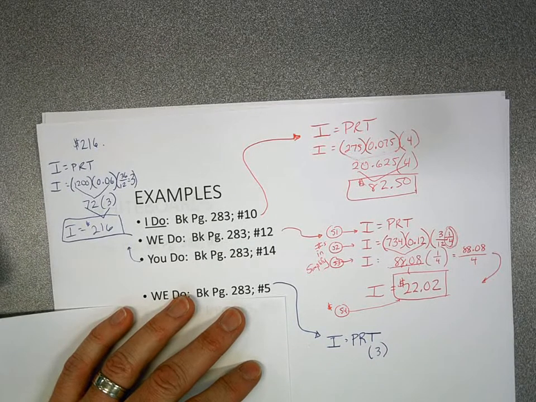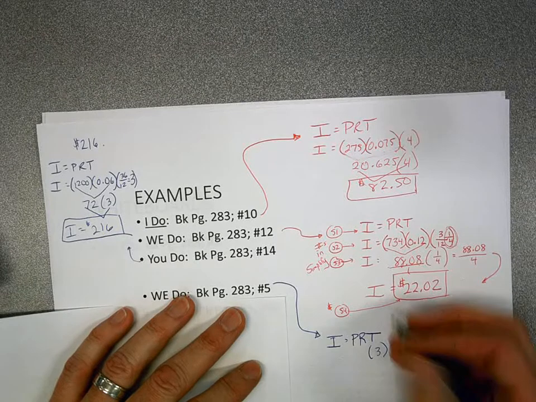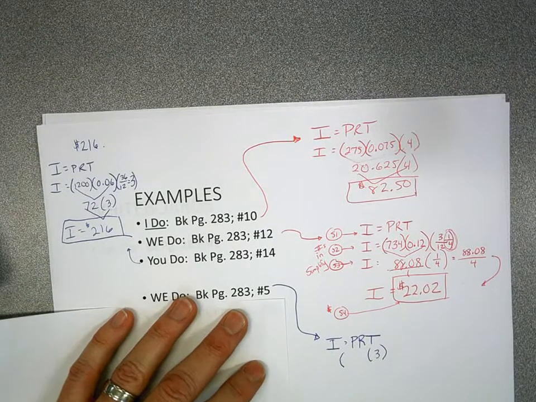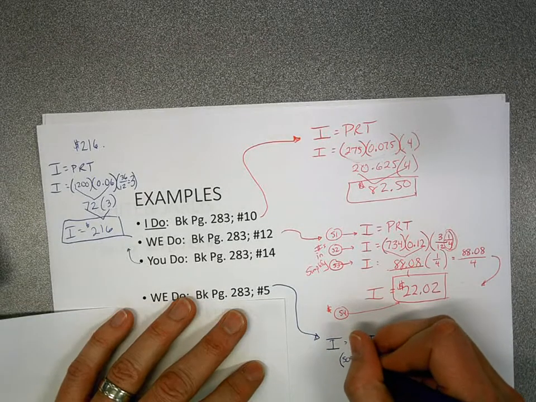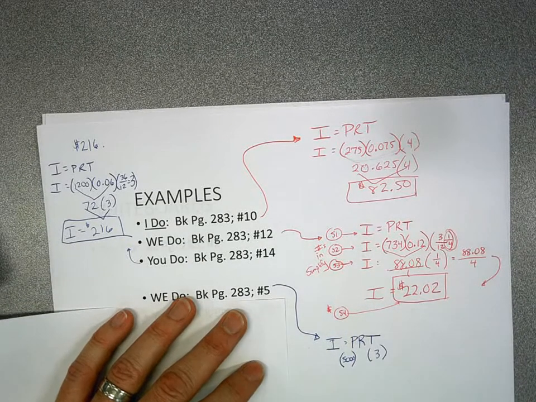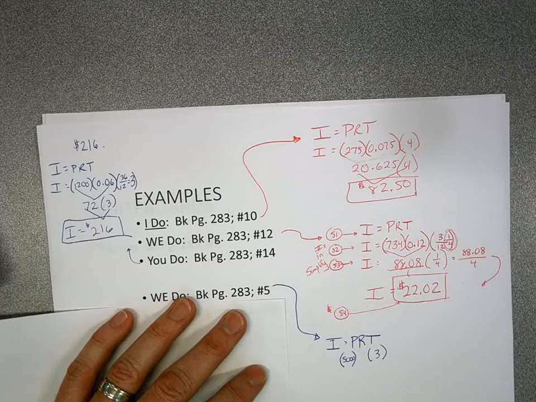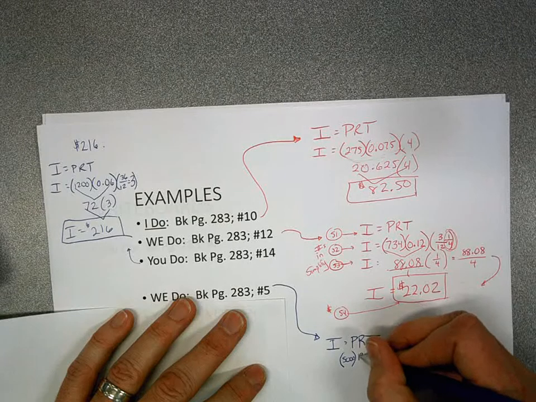What's the principal? Meaning how much was borrowed? $5,000. Look what the question says. What was the simple interest rate for her loan? Meaning, ladies and gentlemen, the rate is what we need to figure out.